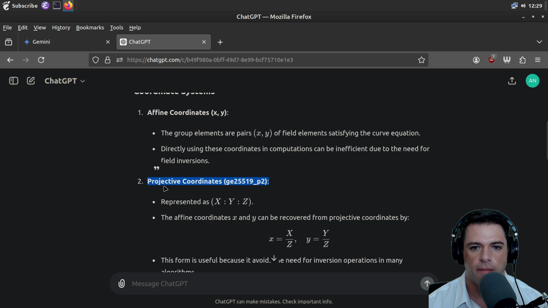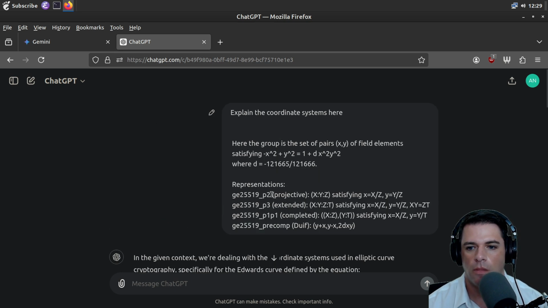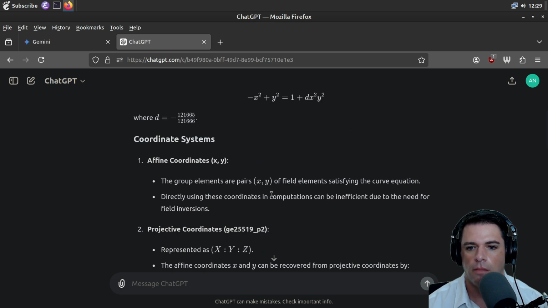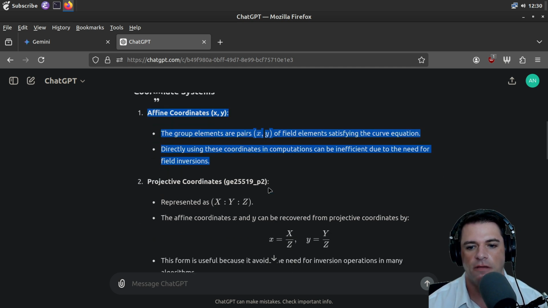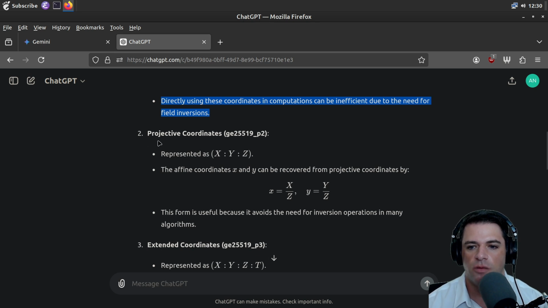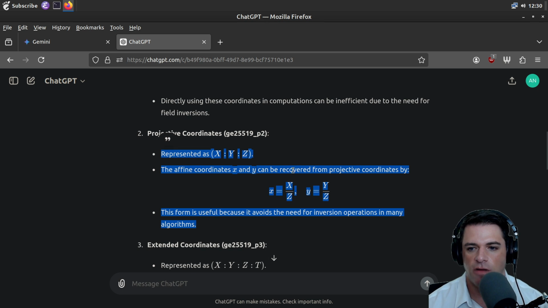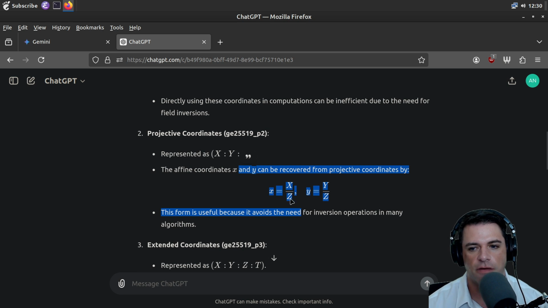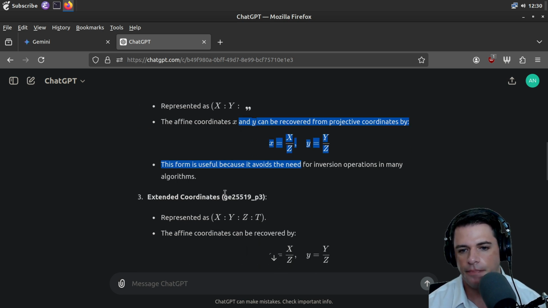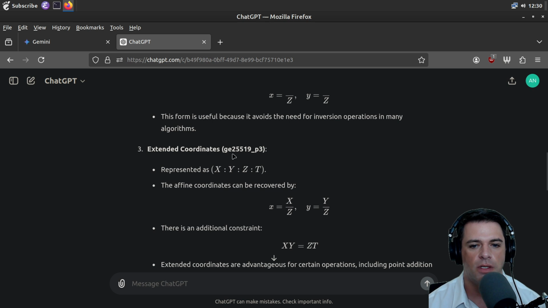So, projective coordinates. Oh wait, no, this is just saying the pairs that already satisfy the relationship can be inefficient. For projective coordinates, the affine coordinates can be recovered by this division operation. This is useful because it avoids the need for inversion operations in many algorithms. I guess you only really need to invert to recover the original affine coordinates. So we don't need to divide by z as often, I suppose.